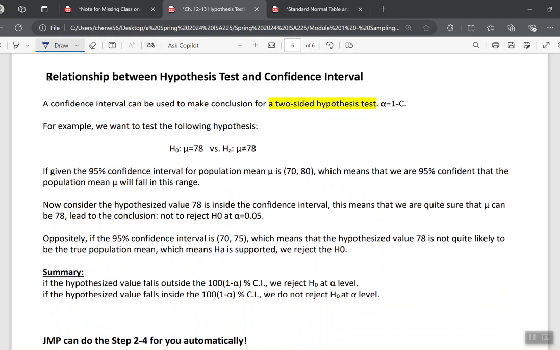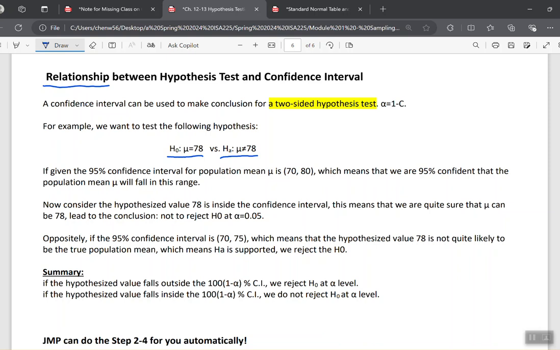So what is the real relationship between these two things? All right, let's go through this example first. For example, we want to test the following hypothesis: the population mean is 78 or different from 78.